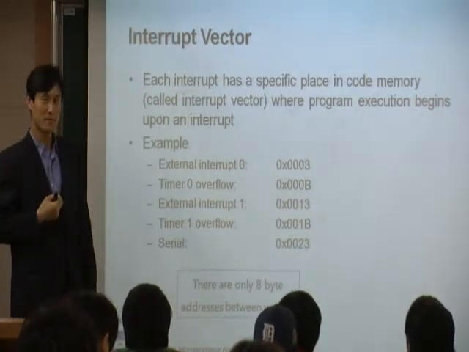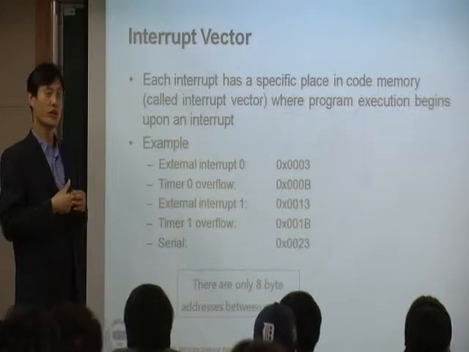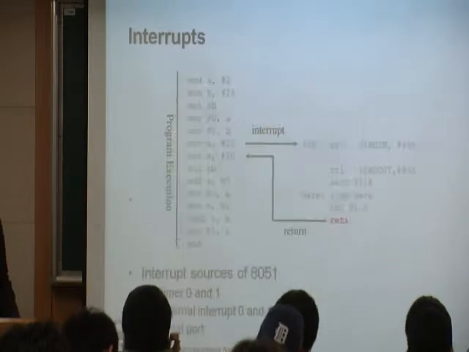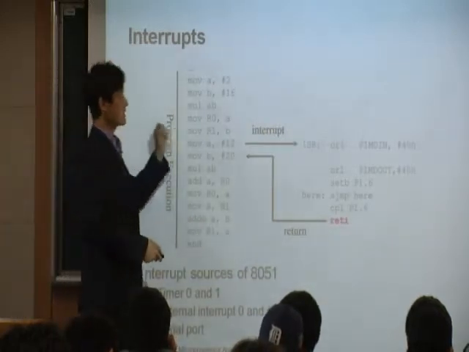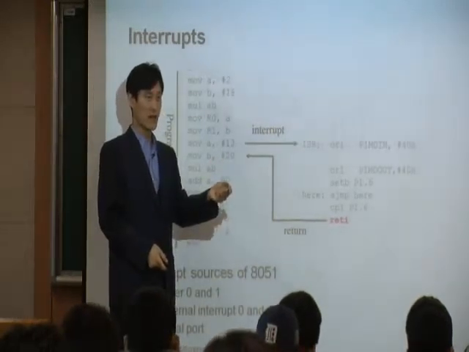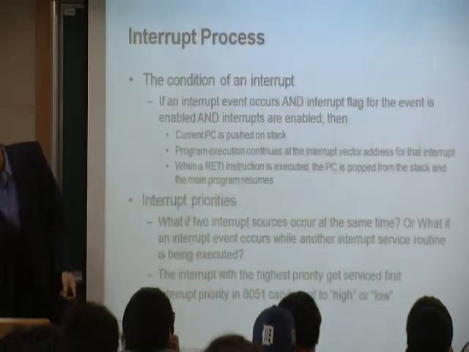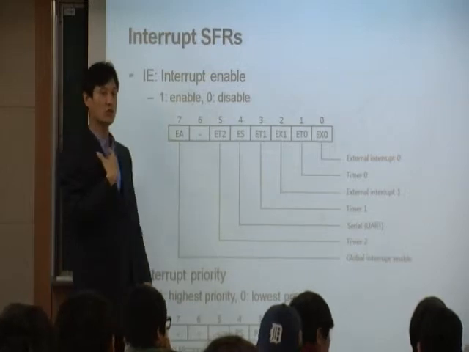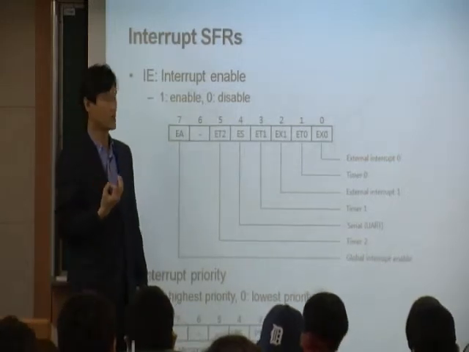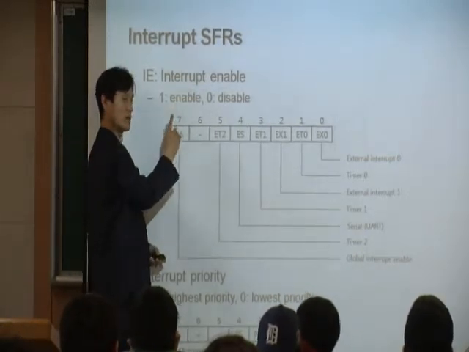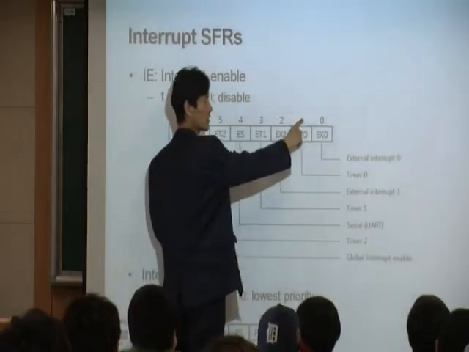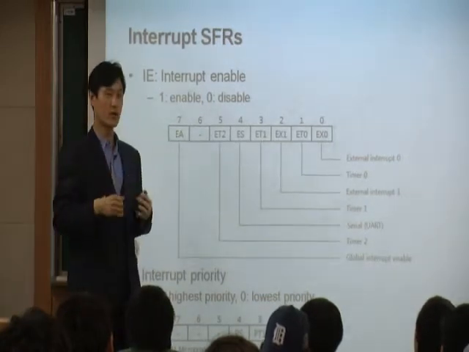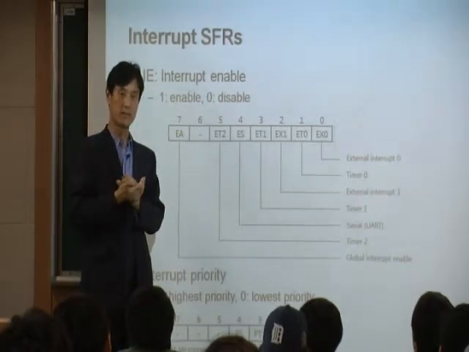Now we know where to jump. So come back to the program. Let's say we enable the interrupt by setting this bit to 1, and let's say I want to have the timer 0 interrupt. In that case, you make this bit 1 and this bit 1, and now we are ready to get a timer 0 interrupt.